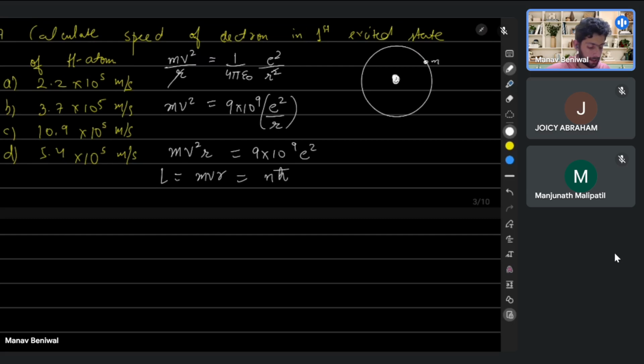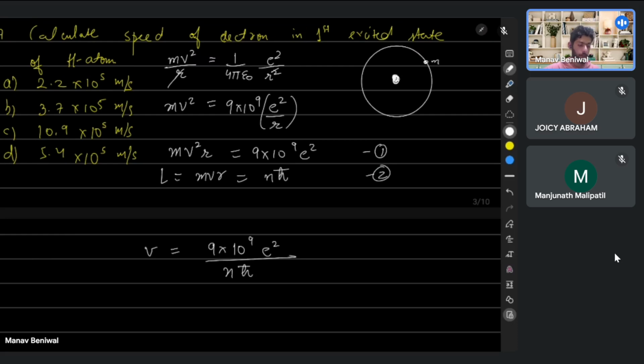So when we divide these two equations, 1 and 2, what will we get? The mvr will cancel out, and we will be left with v. So v equals 9 times 10 to the 9 times e squared over n h cut.